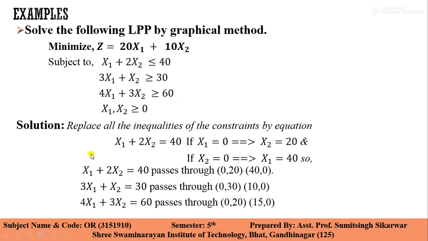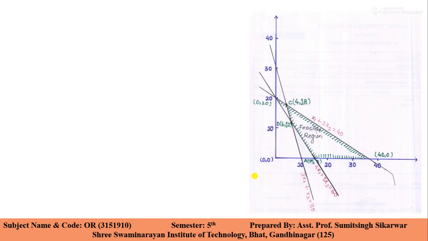Now plot these lines on a graph, as we have values of points. Different lines are represented. Here you can find x1 plus x2 is equal to 40. It is the line 4x1 plus 3x2 is equal to 60.